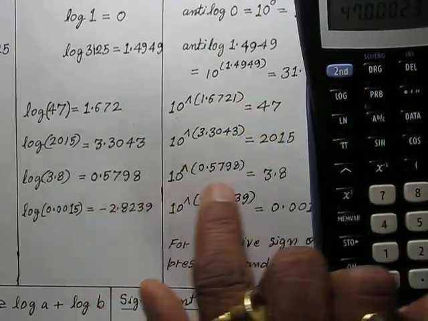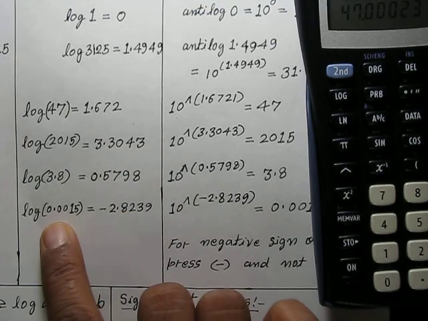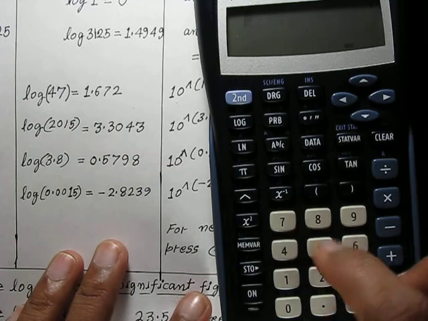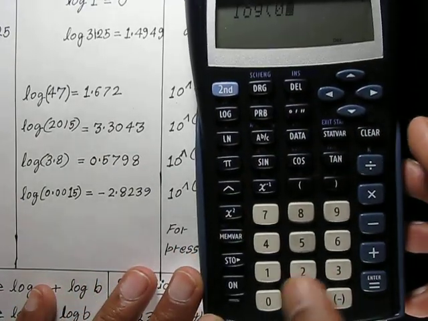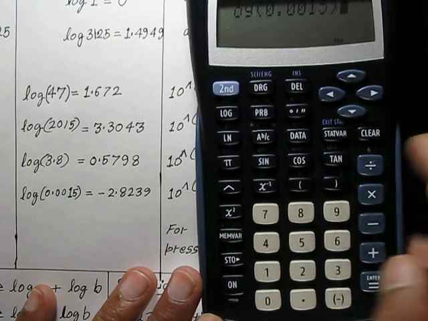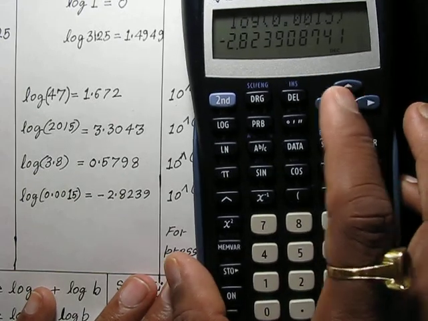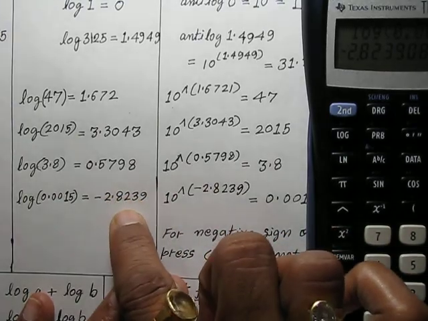Let's take the same thing for log 3.8. Let's take this example: log, parenthesis, 0.0015, parenthesis close, you will get the answer negative 2.8323.